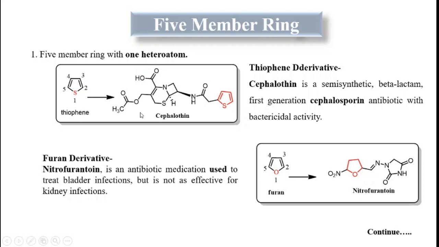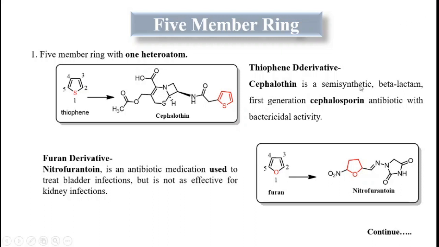The example of that heterocyclic ring derivative is cephalothin. In the cephalothin structure, the thiophene ring is present, which is very essential for the pharmacological activity. Cephalothin is also known as a thiophene derivative in its chemical classification.